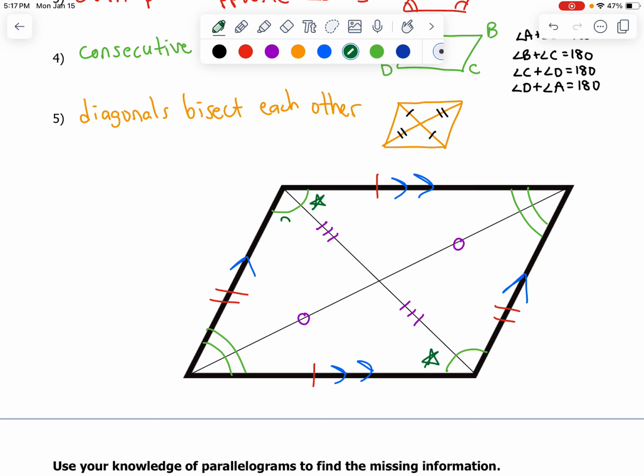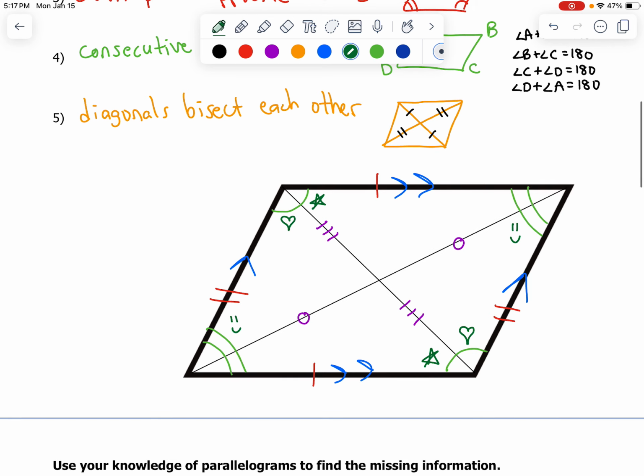Let's make a heart is congruent to a heart. We did a star, we did a heart. Let's go ahead and do a smiley face is congruent to a smiley face. And then we're running out of symbols here, so we could just do a dot is congruent to a dot.